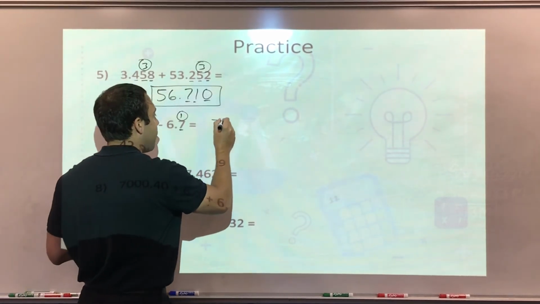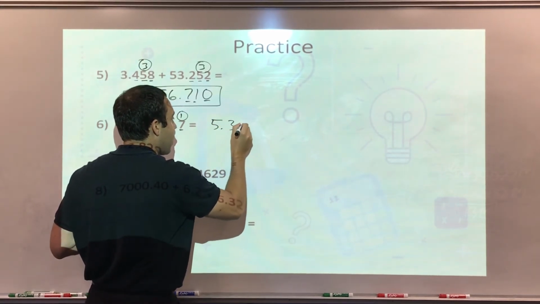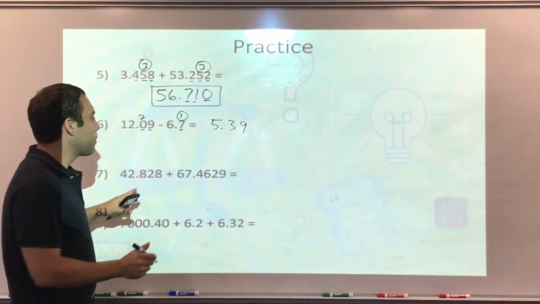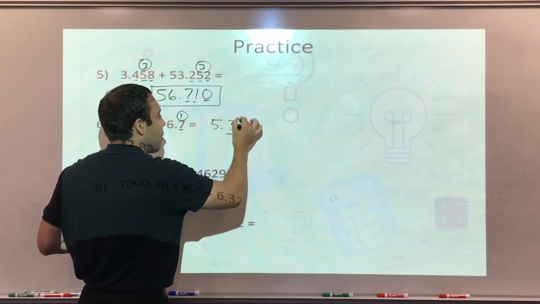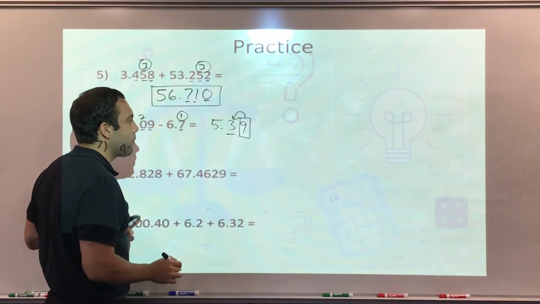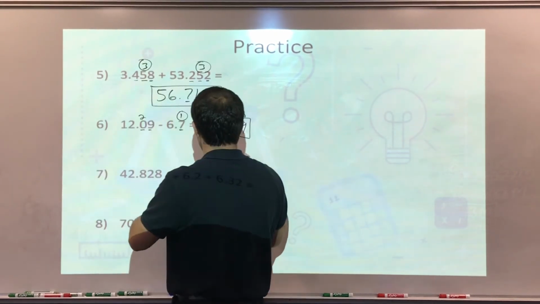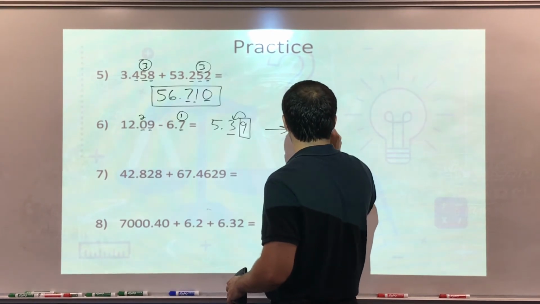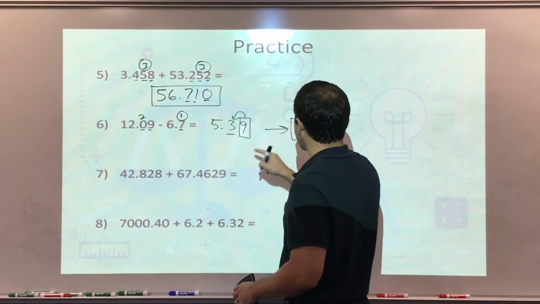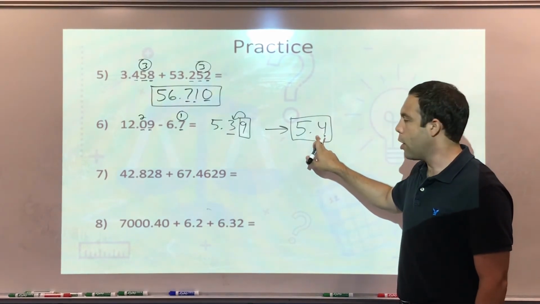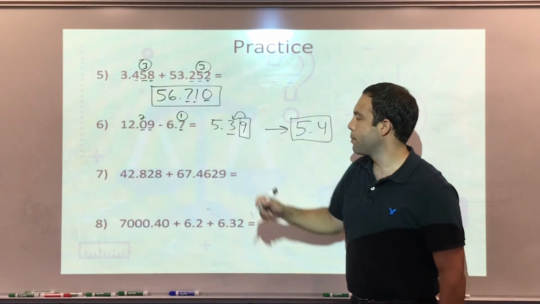That gives us 5.39. 1 decimal place. Go to the 3, put a box around the 9. 9 is 5 and above. So 5.3 rounds up to 5.4. 5.39 rounds up to 5.4 with 1 decimal place.